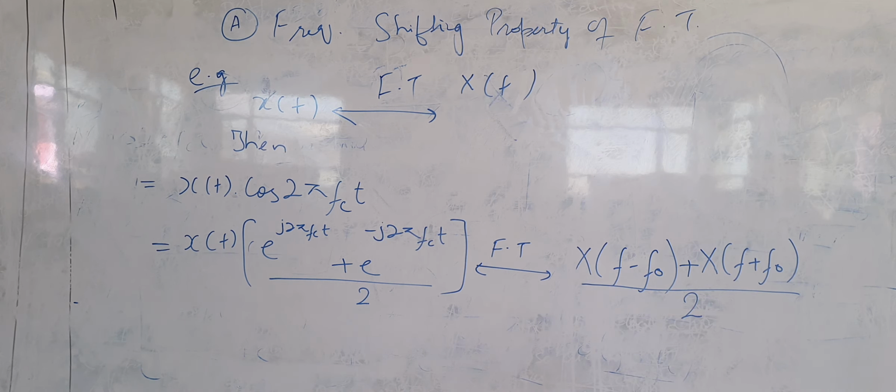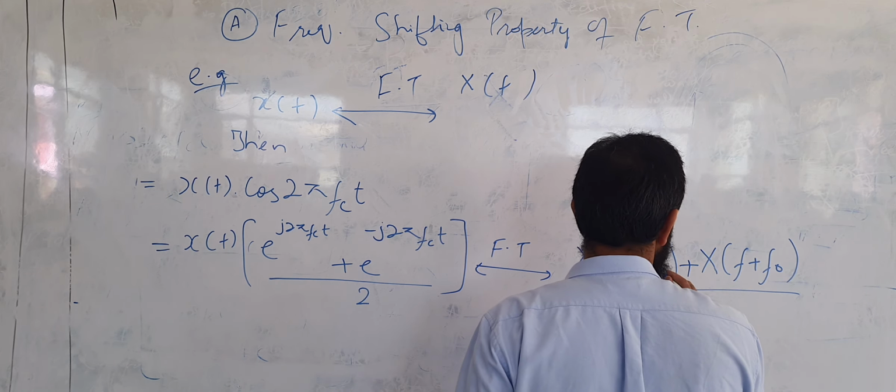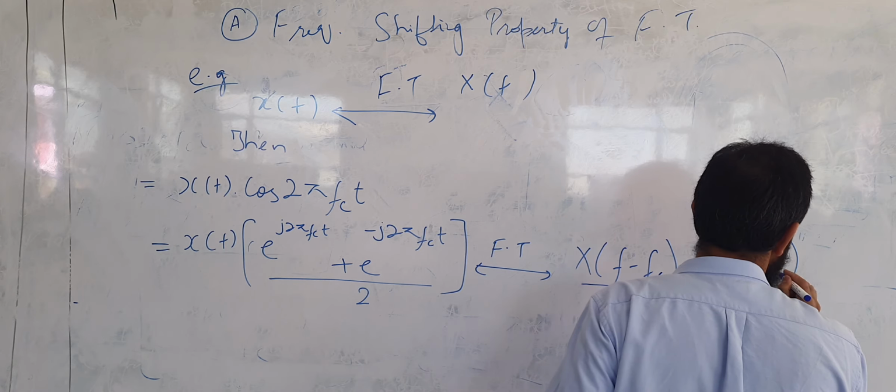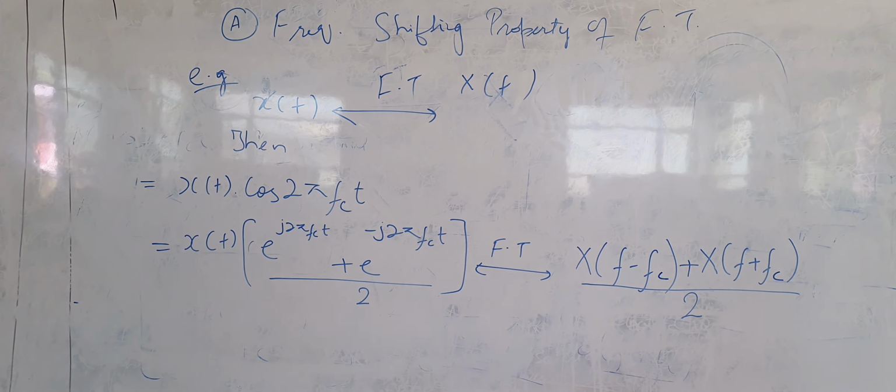fc, right? fc is the correct one. So x of t multiplied by an exponential will result in shifting the frequency.